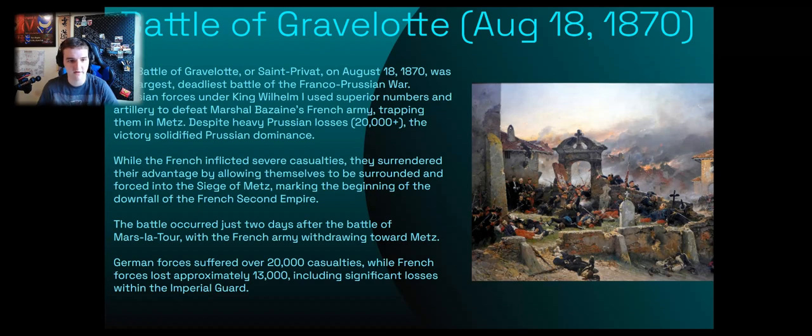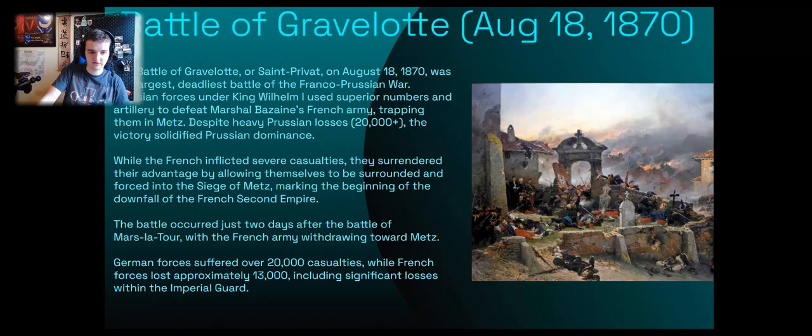Despite the heavier Prussian losses, the victory solidified Prussian dominance. While the French inflicted severe casualties, they surrendered their advantage, allowing themselves to be surrounded in the siege of Metz, marking the beginning of the downfall of the Second French Empire.